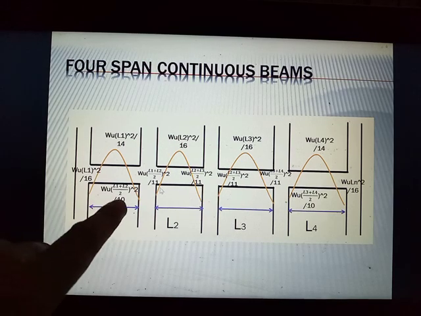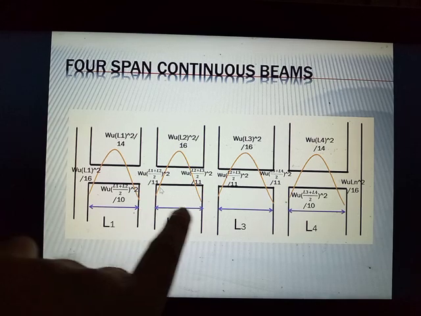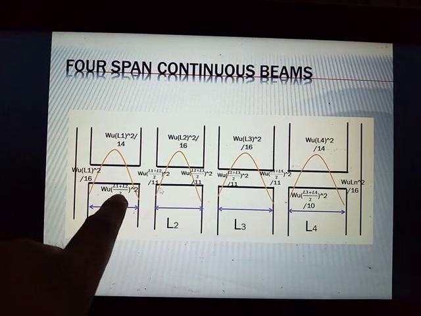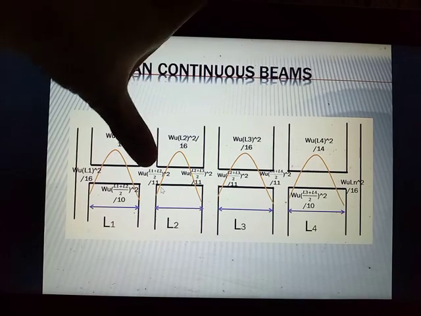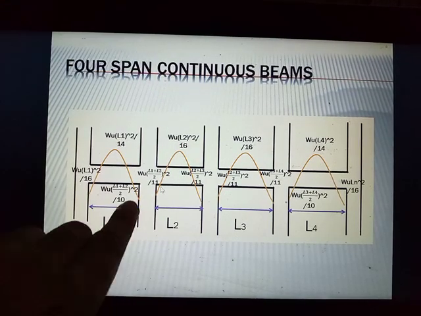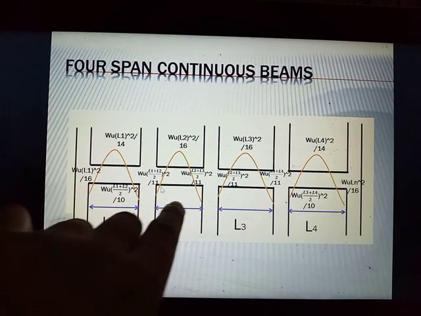But for the negative moments at the interior supports, we need to average the two spans. Concentrating at this interior support, its Ln should be the average of this one and this one.